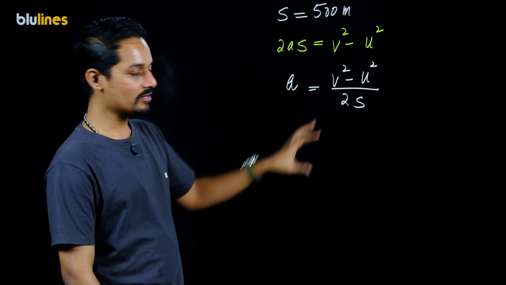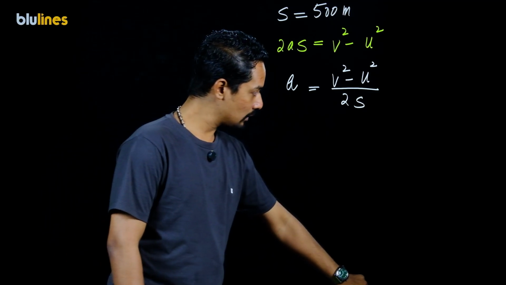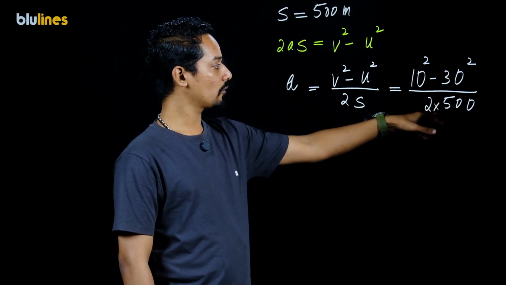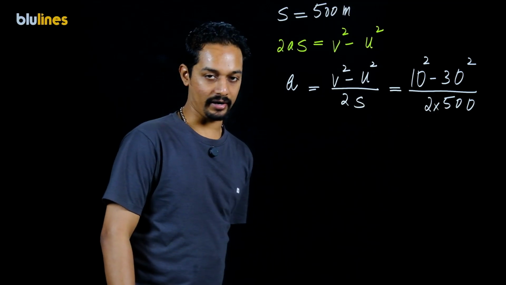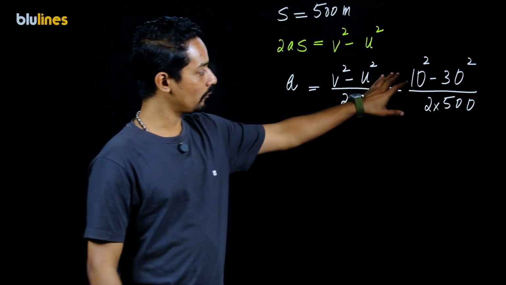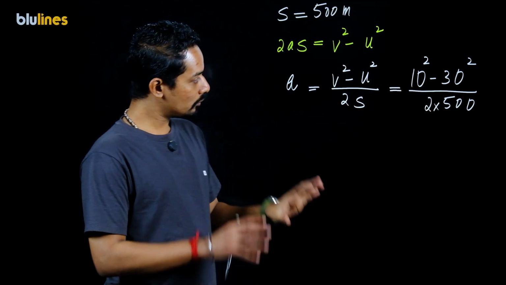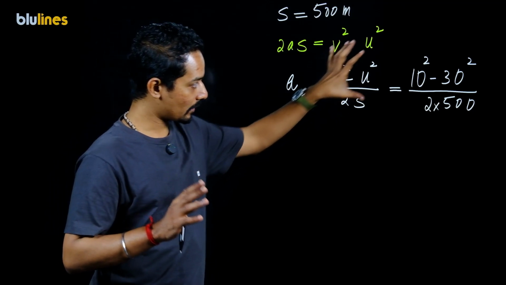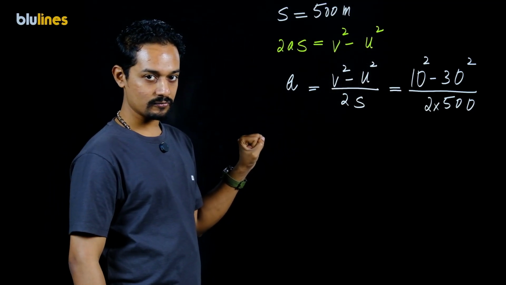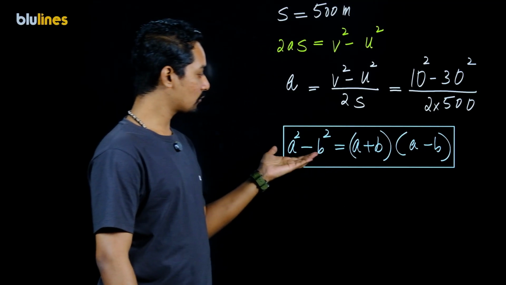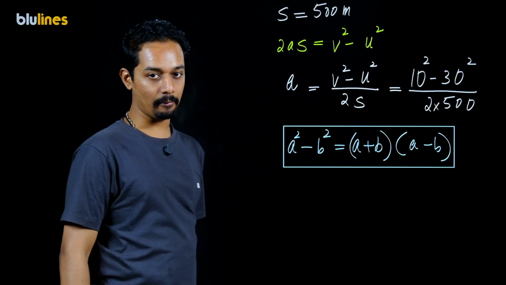All the information is given to us. We can substitute the values. So 10 square minus 30 square divided by 2 into 500. One quick tip for solving this kind of problem is we can use the identity a square minus b square equals a plus b into a minus b.